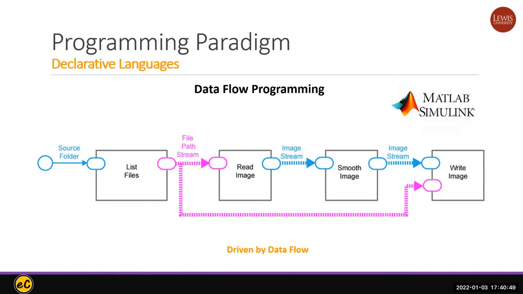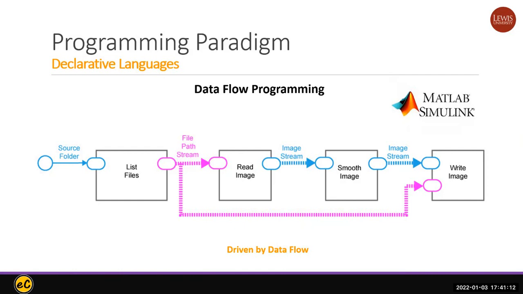So you open a source folder, that will be an image file, and then a file folder, and you would actually see another file, and you can pick one, and you can use a read image functional block to read the image.